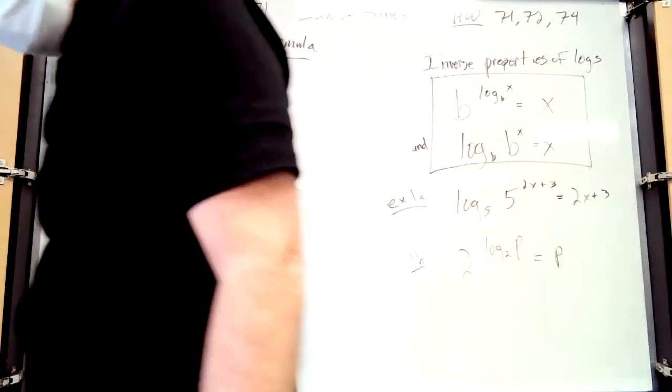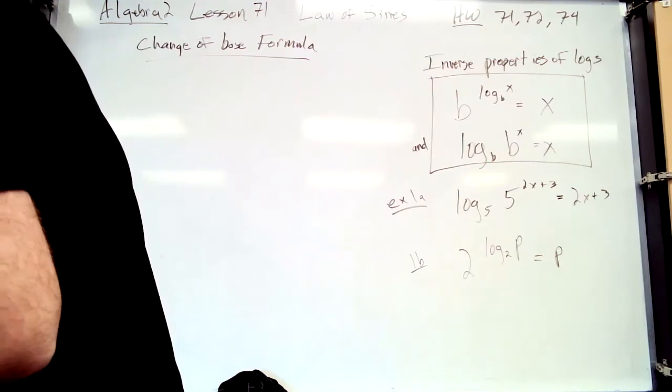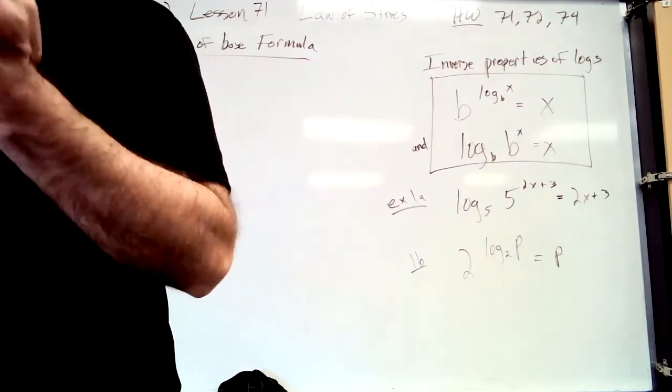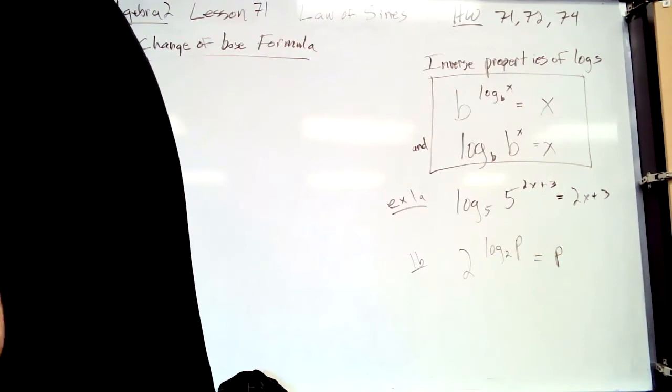One way a logarithm with a base other than 10, or e, which is the natural log, can be evaluated is by applying the change of base formula.